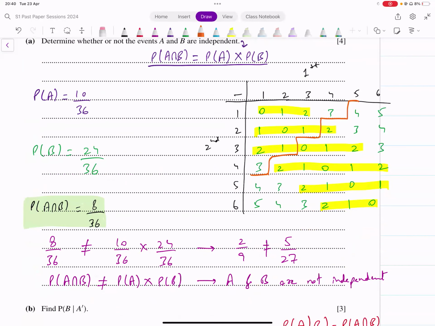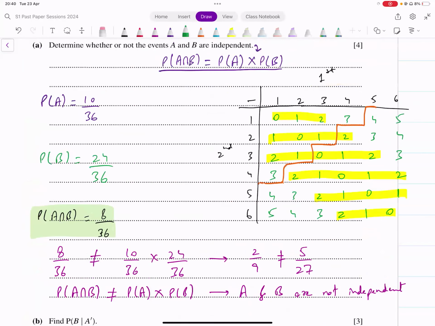All the numbers above this yellow boundary that I've drawn, you can see the sum of the corresponding numbers on the dice is less than 6.